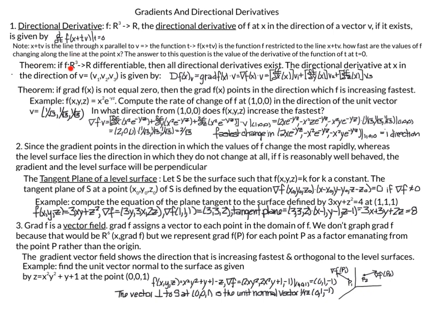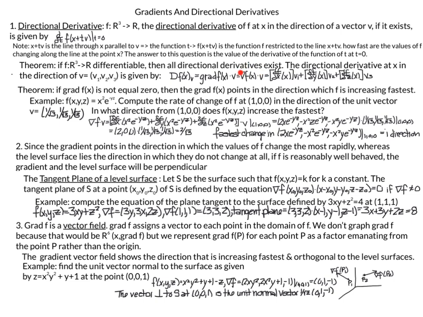Which brings us to this theorem. If f goes from R3 to R and is differentiable, then all directional derivatives exist. The directional derivative at x in the direction of a vector v is given by the gradient of f of x dot v. Remember, the gradient, symbolized by the del operator, del f of x, consists of the partial derivatives of f with respect to, in R3, x, y, and z.